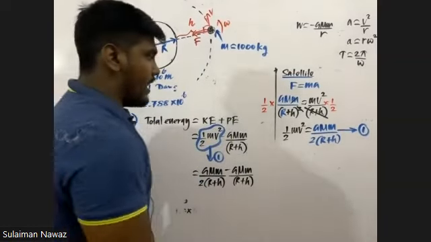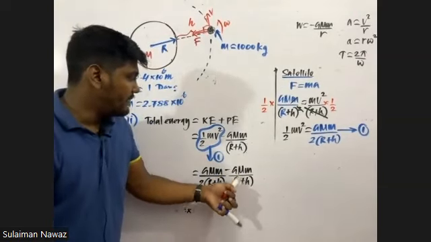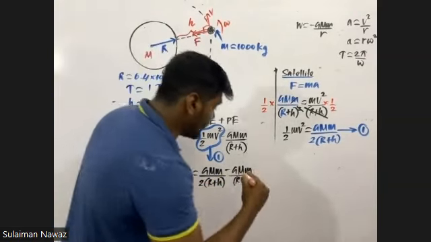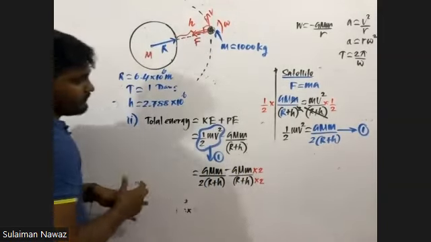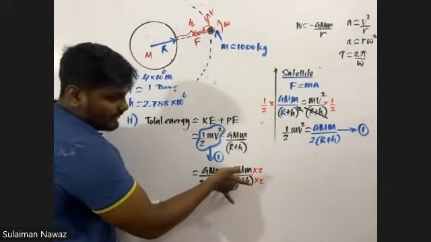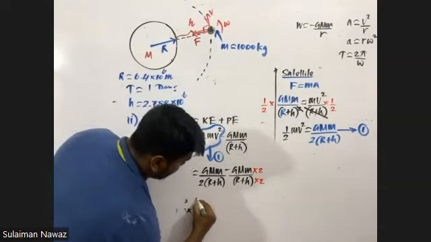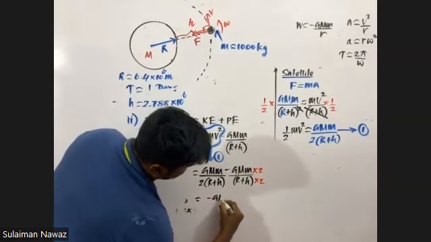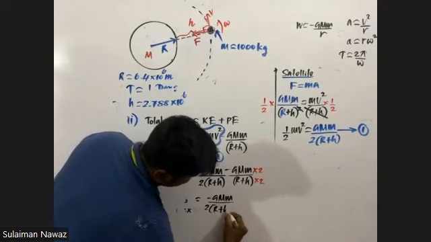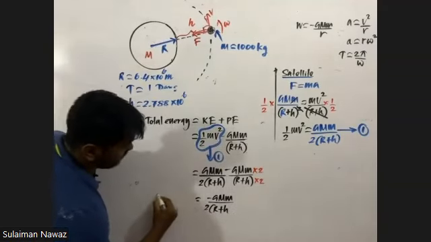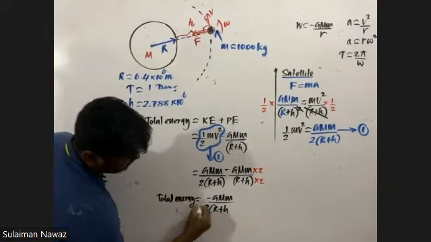Then I multiply this term by 2, numerator and denominator. Very carefully listen: minus 2 G capital M small m plus G capital M small m. Then we can write minus G capital M small m over 2 times R plus H as your total energy.